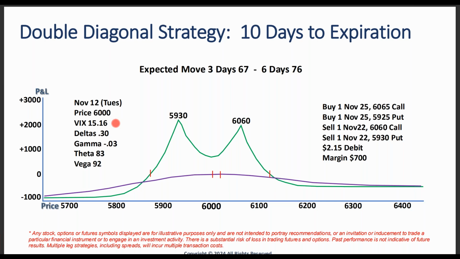When VIX is 12, 13, 14, 15, I would do double diagonal. 17, 18, 19, 20, iron condor. 16, like in sports, I call it a pick 'em, either way. So that gives me, from a volatility point of view, which one I pick.